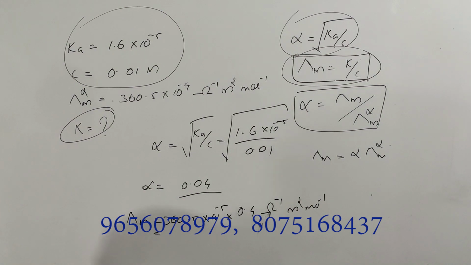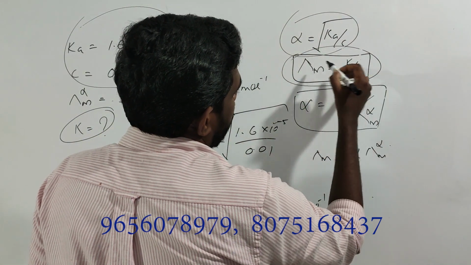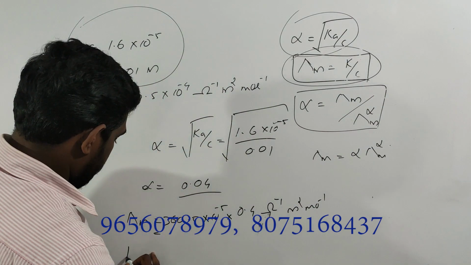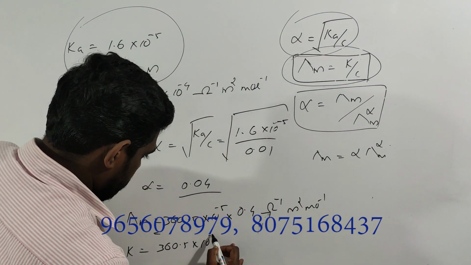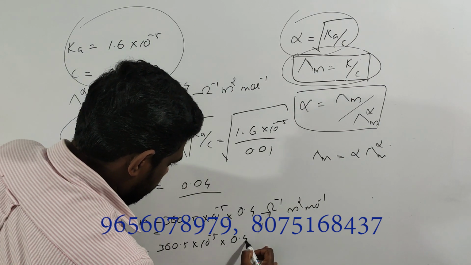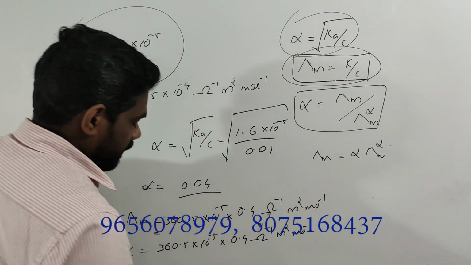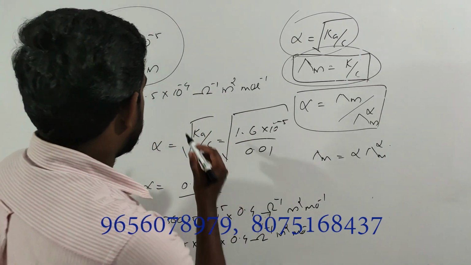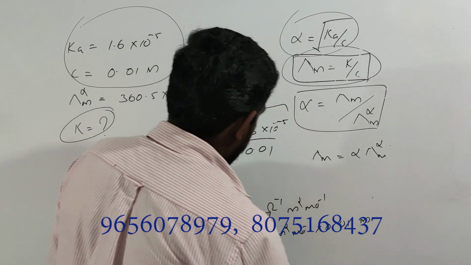Okay, so we got the value of lambda m, and if we have a value of lambda m, then kappa will be equal to, from this equation, kappa equal to lambda m into concentration. So kappa equal to 360.5 into 10 raised to minus 5 into 0.4 ohm inverse meter square mole raised to minus 1, into concentration 0.01 molar.